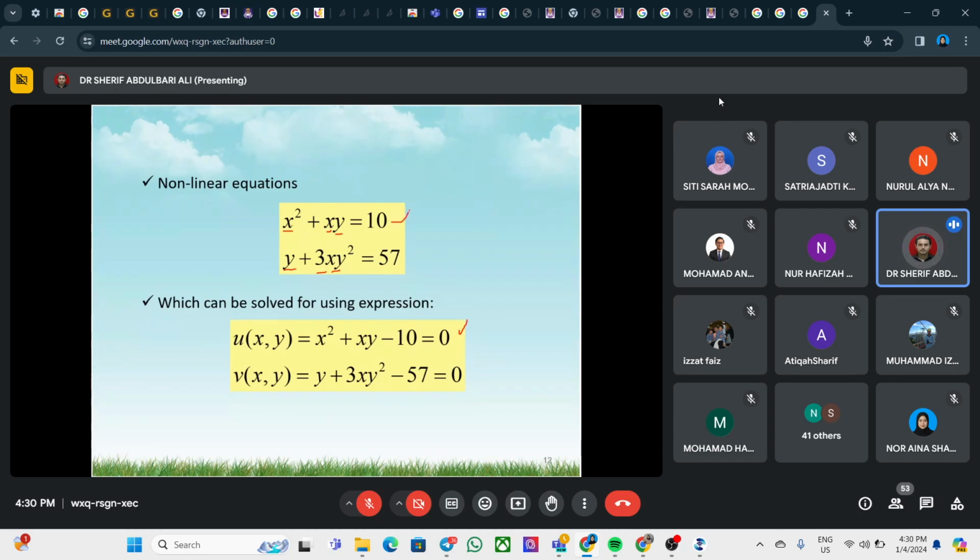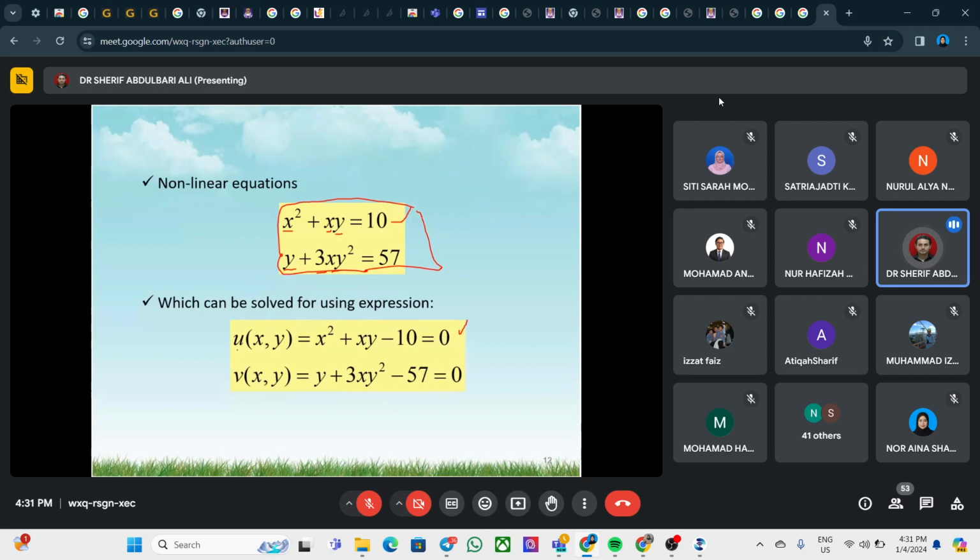You cannot just take the first equation, solve it first, and then start with the second equation and solve it by itself to find the value of y and the value of x. You have to solve both of these two equations at the same time, simultaneously. So to solve the nonlinear equations, you need to solve both of them together.